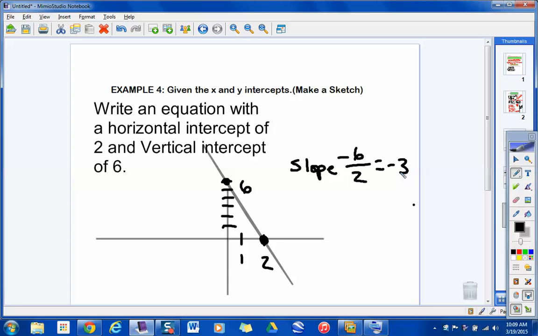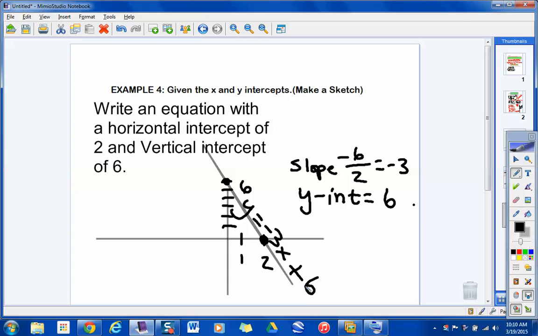What is our initial value? 6. Y-intercept is 6. Hey, slope's -3. Intercept's 6. What's my equation here? Y equals what again? Y equals -3x plus 6.